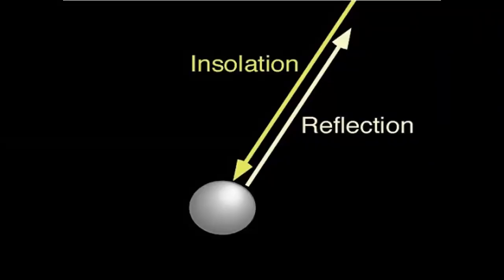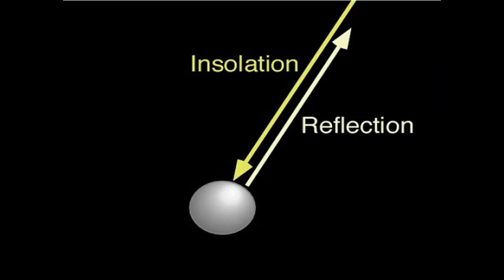The next process of atmospheric depletion is reflection. A part of the incident radiation falling on any surface is reflected back into space. It is called the reflection of light.